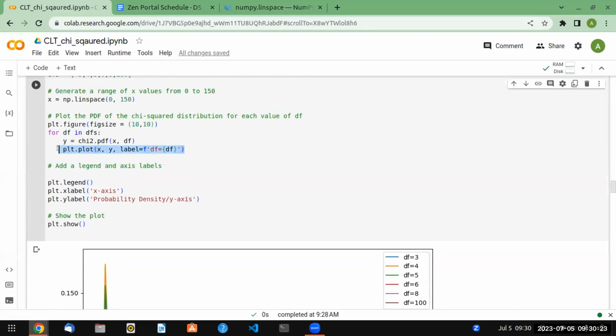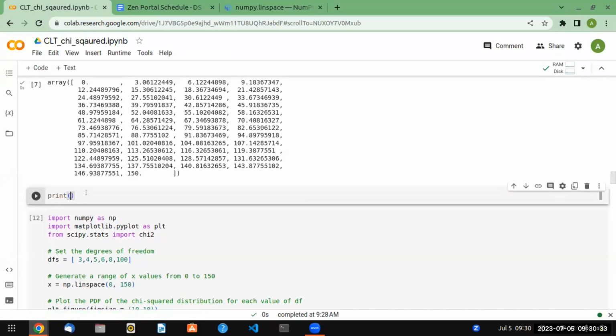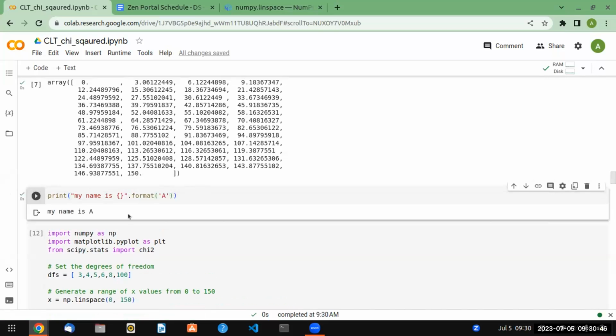Label f. And what is this one, guys? String formatting, print option. You forgot? Let me remind you. So print, formatting, right? My name is... you remember, format. How to write this in a string formatting method?